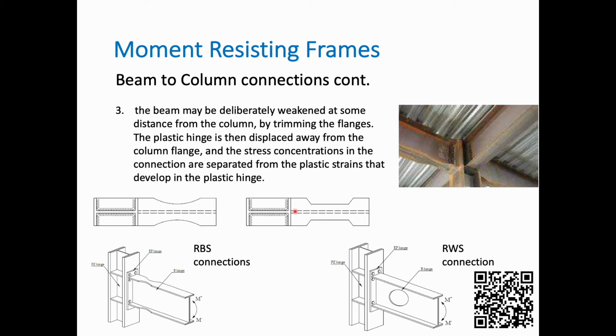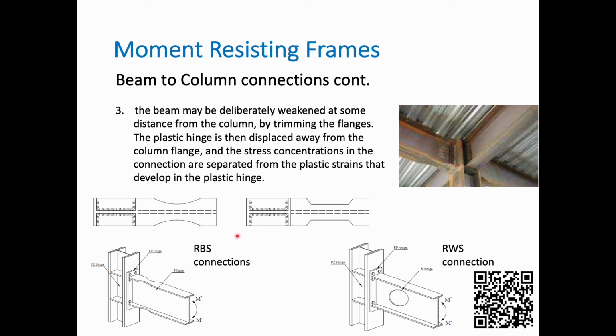For these we have the very widely used in the US RBS connections, the reduced beam section connections, as you see them here. The standard pre-qualified RBS joint is this one, with these curved cutouts from the top and bottom flanges, where this area is weakened and then the plastic hinge will be formed here.